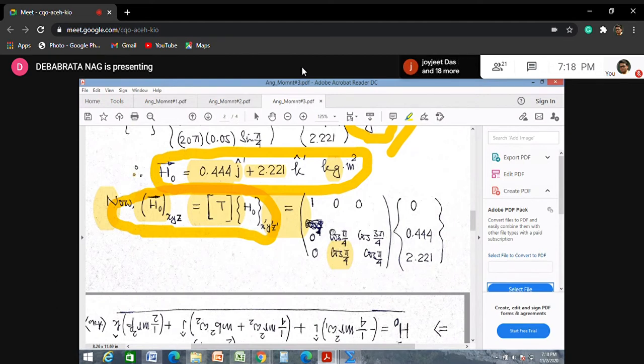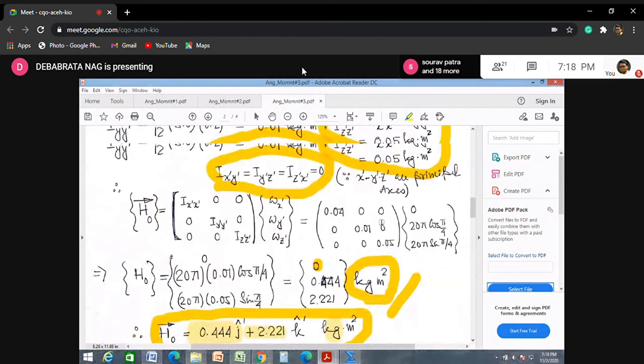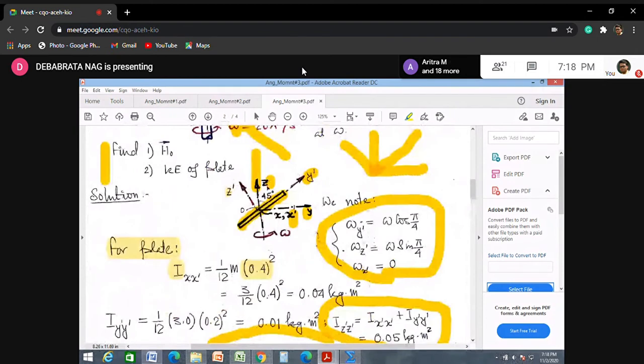Because you require to find the direction cosines of the lines about which you are going to transform. Since you are trying to get the x, y and z axis from the x dash, y dash and z dash axis, you need to find the direction cosines of the lines x, y and z with respect to x dash, y dash and z dash.